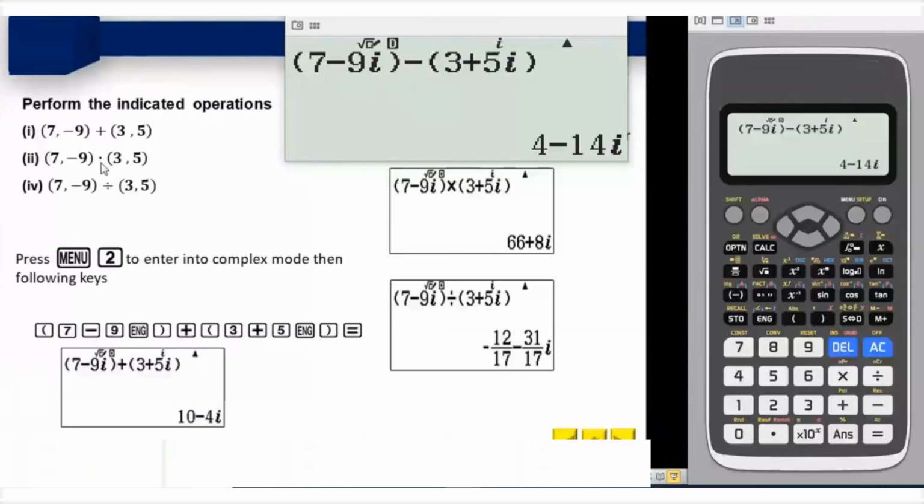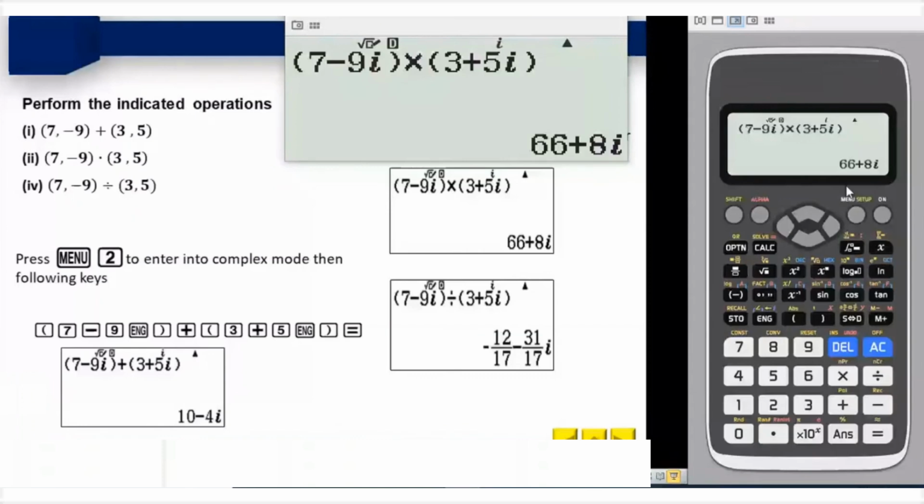So all I need to do is scroll right and change the minus to multiply. So this will become 66 plus 8 iota. All those people who know how to solve complex numbers manually do realize that 7 minus 9 iota multiplied by 3 minus 5 iota would have taken at least 5 to 6 steps, which I am saving time on by just inserting it into the calculator and getting the answer.